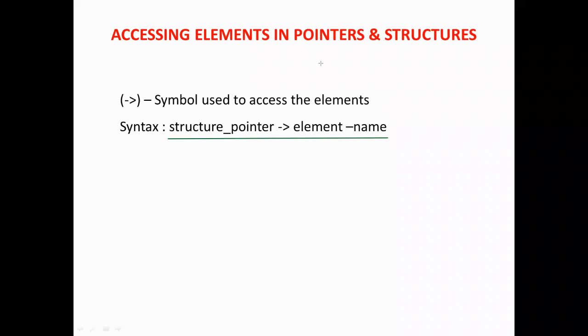What is your accessing operator? Your hyphen and your greater than symbol together is the accessing operator. With this only you will be able to access the elements of the structure pointer.